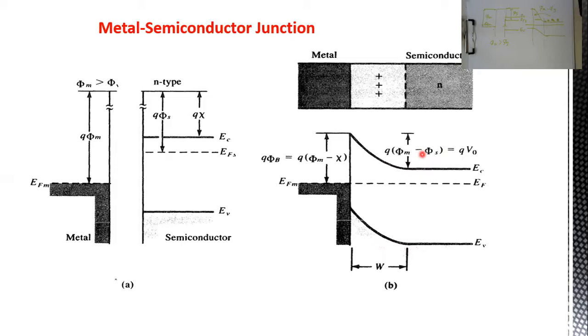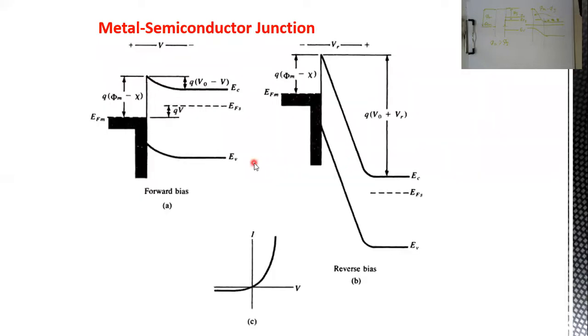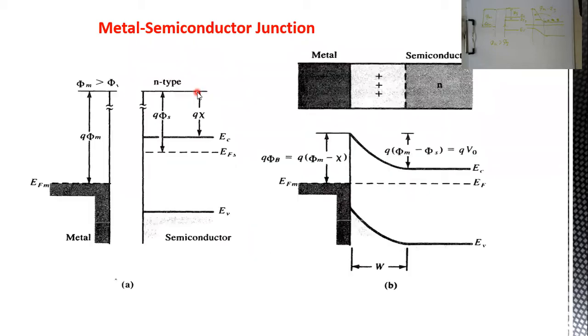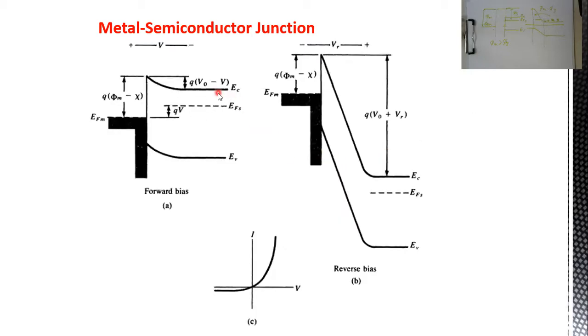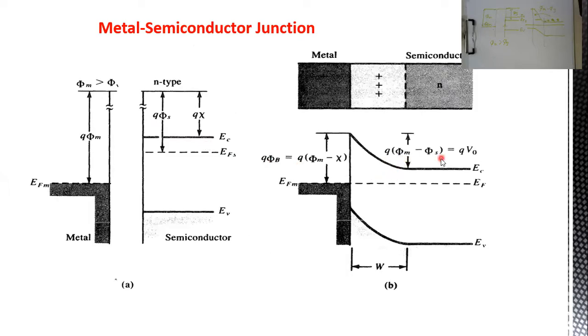metal interface. What if we apply a voltage? Then we have two options, my dear students. The first option is to apply a forward voltage. What I mean by forward voltage is that this voltage is against the built-in potential, as we did in the p-n junction. So this barrier will start to decrease, as you can see here, which is V naught minus V. V is the applied voltage, and V naught is the built-in potential, which is phi m minus phi s.